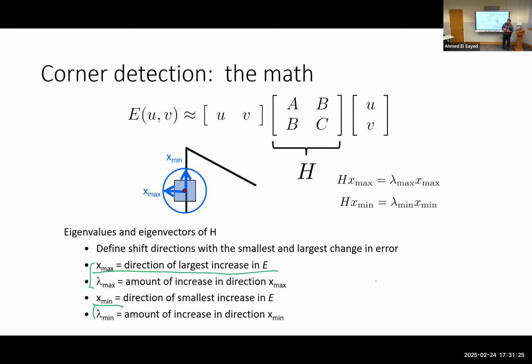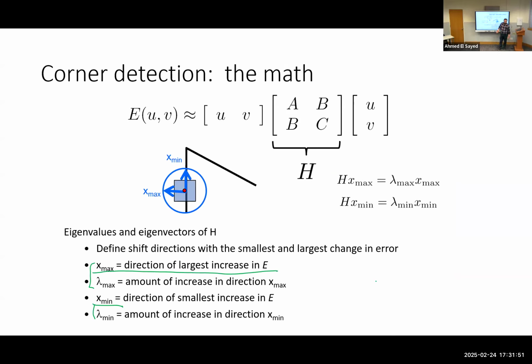So our goal right now is to find this H matrix and solve it for any single area, then find the eigenvalues. Based on these eigenvalues, I can judge if this area is a corner or flat surface or what.